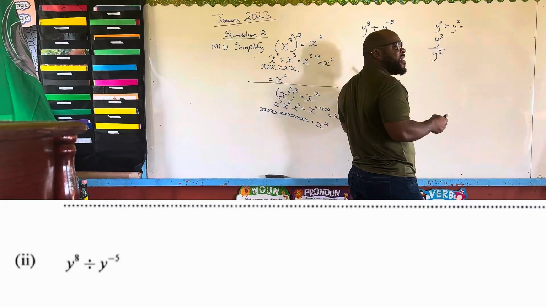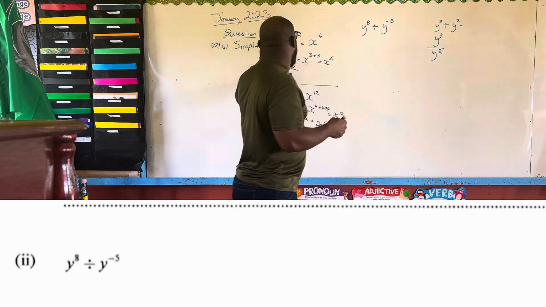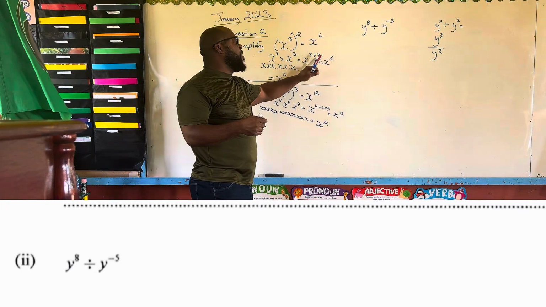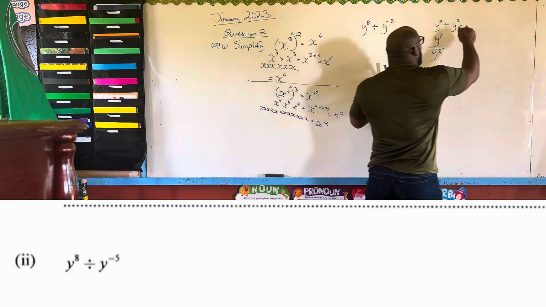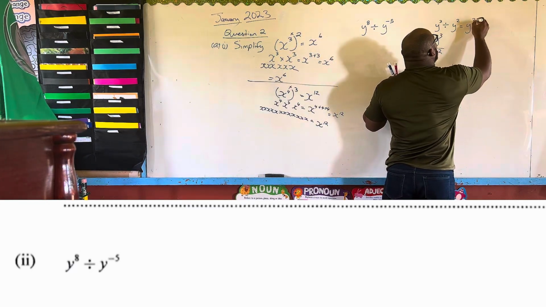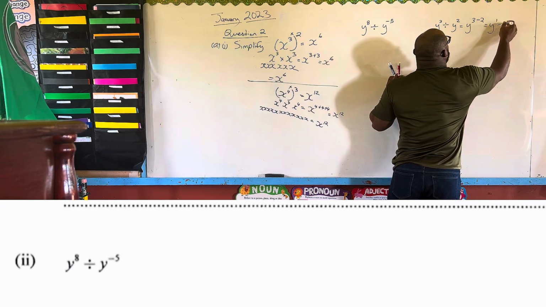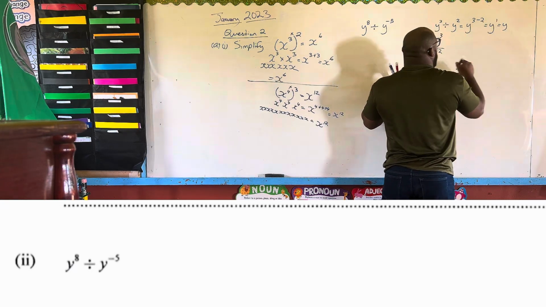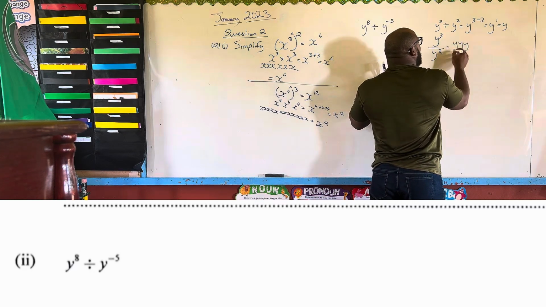That's the same thing, right? If you're multiplying, what do you do to the powers? So we're dividing, we subtract. So 3 minus 2 gives me y to the 1, which is simply y. Good. Look at this now: y times y times y over y times y.